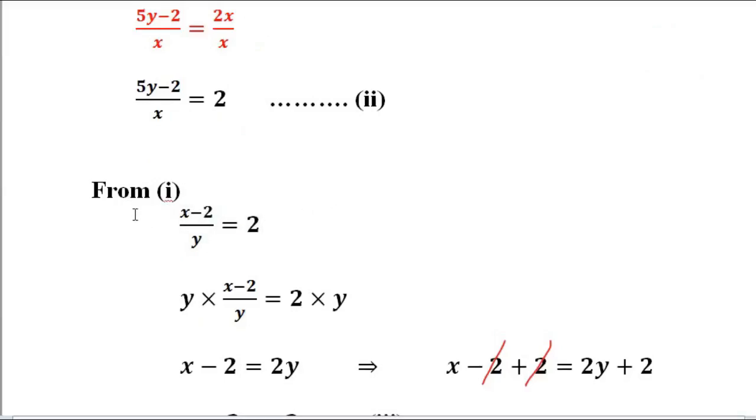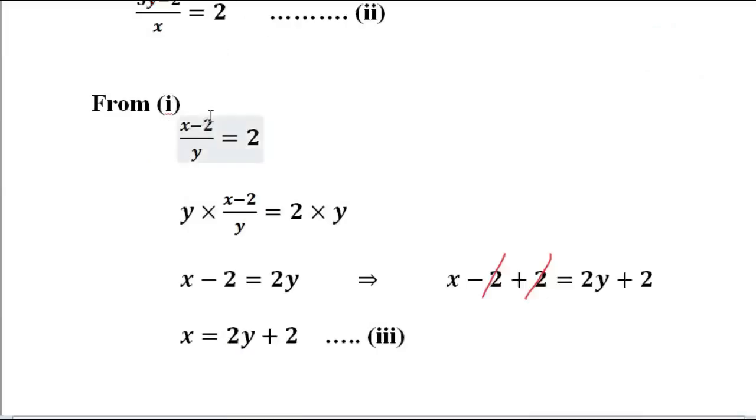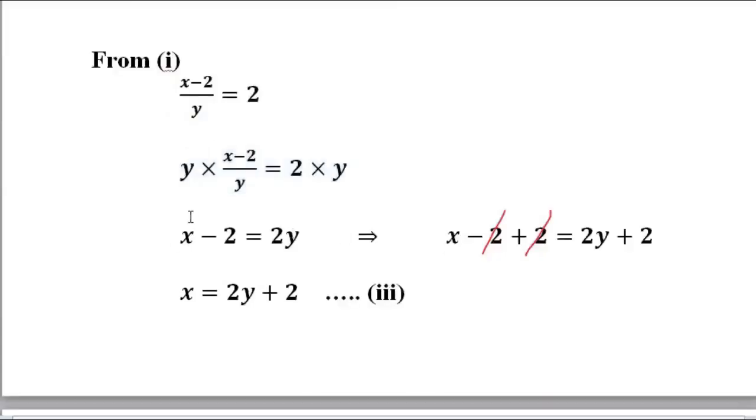I'll start from equation 1, which is (x minus 2) upon y equals 2. I want to solve this equation for the variable x. So step 1, I'll multiply both sides by y. We get x minus 2 equals 2y, because this y will cancel out this one.